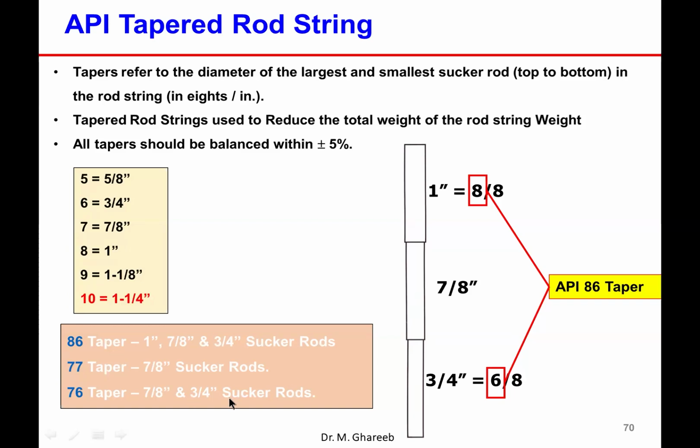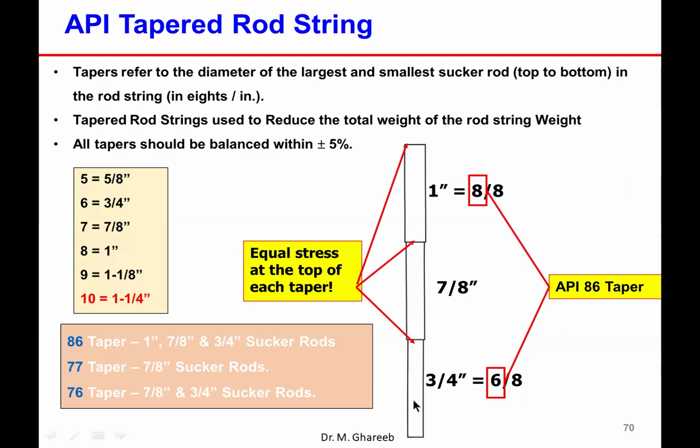If it is only 2 sizes, 7/8 and 3/4, then 76, and so on. But according to the API design and the software design, I cannot say this is an API 86 tapered rod string unless the rod string is balanced with the stress at the top of each section.